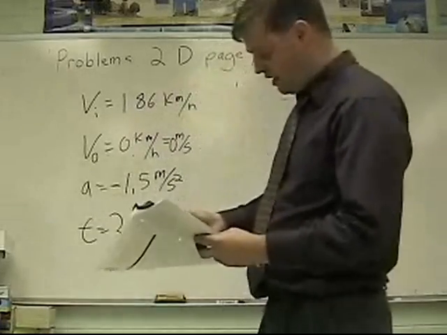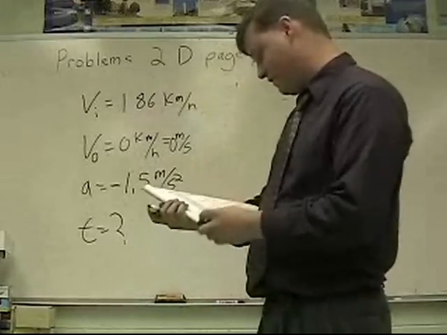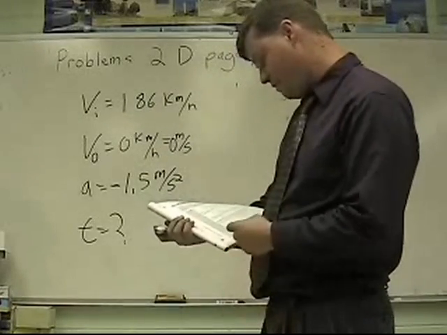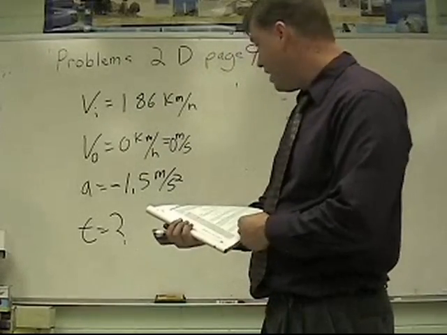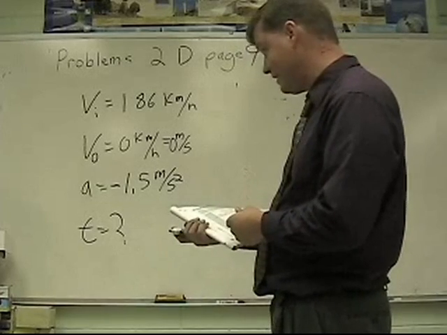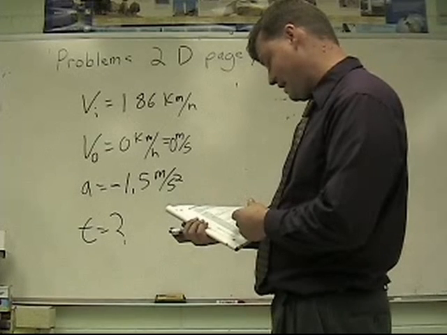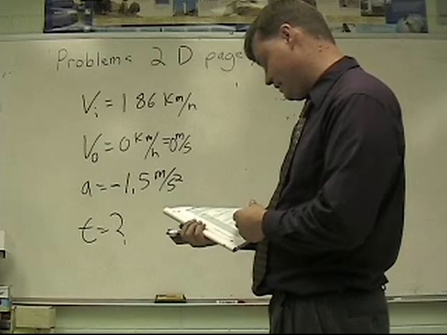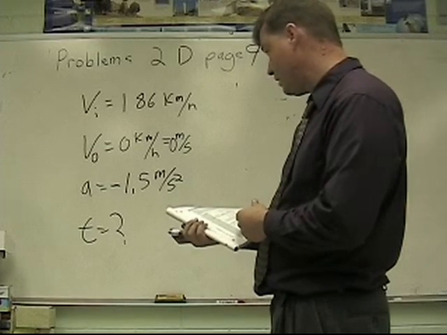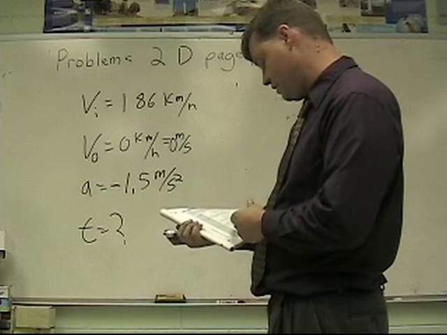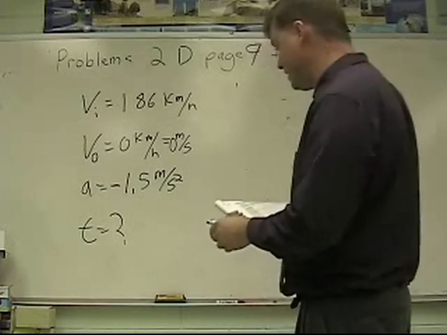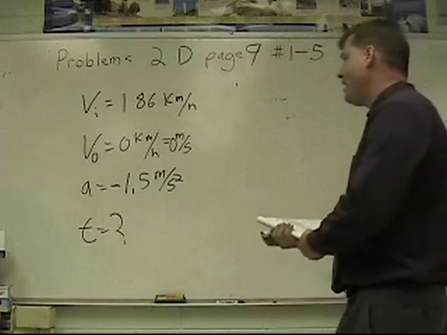All right, we're given quite a few equations on the previous page about finding time when we're given an initial velocity, a final velocity, and an acceleration. So let's take a look at what we have here.